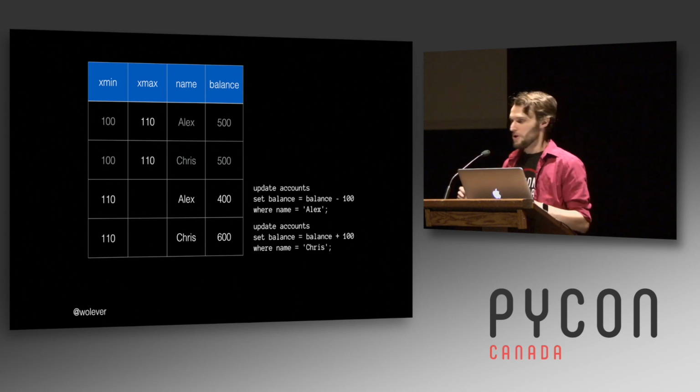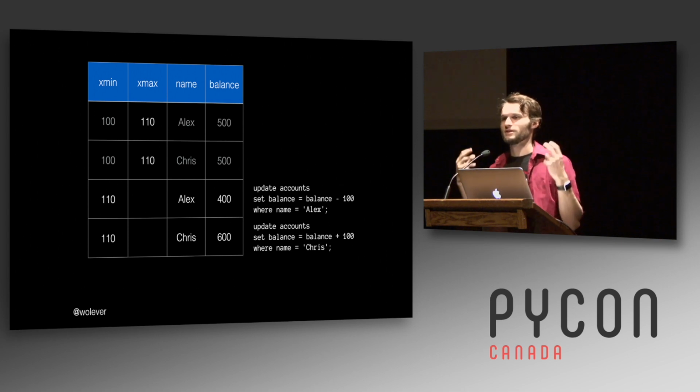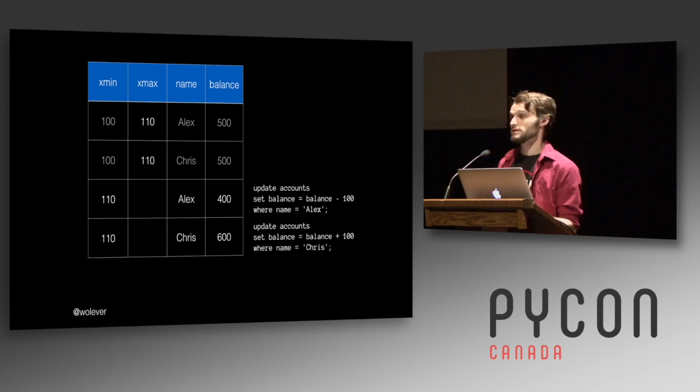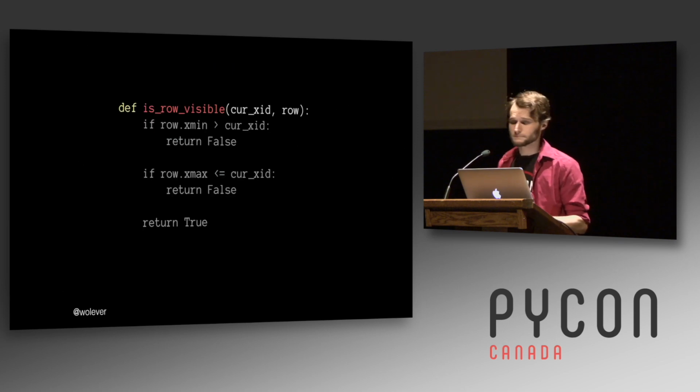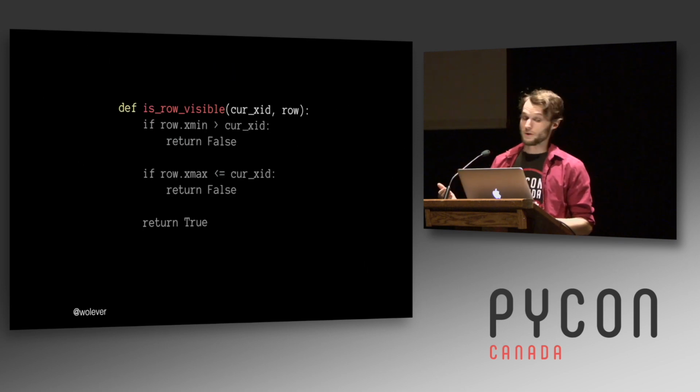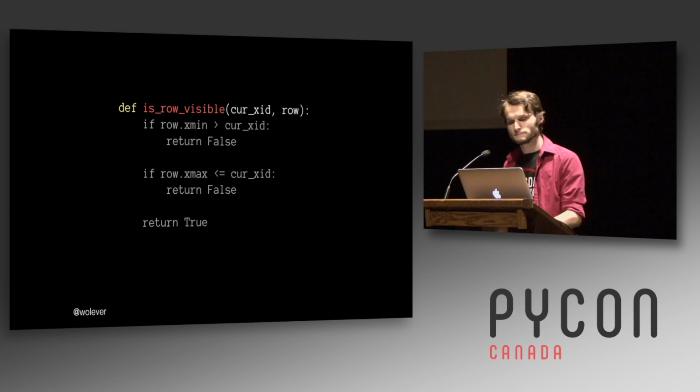so hopefully by this point, you're starting to get an idea of what's going on and how Postgres is able to figure out which rows are visible to each transaction. And so we're just going to walk through that. When you issue a query and Postgres needs to figure out which rows to return, it runs a straightforward function, something like this.